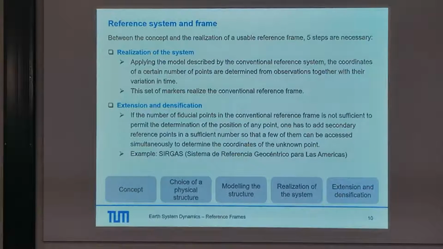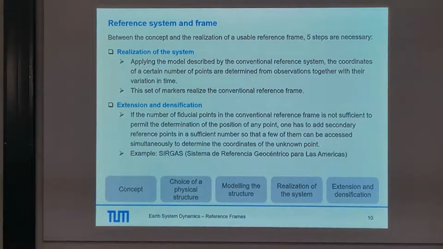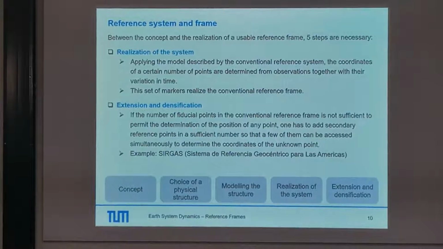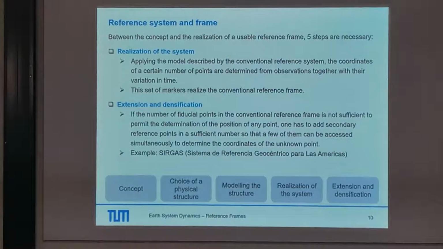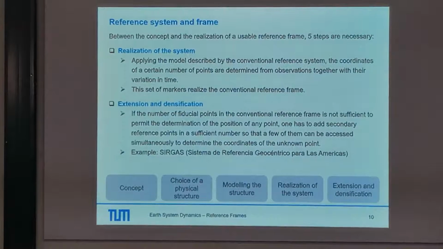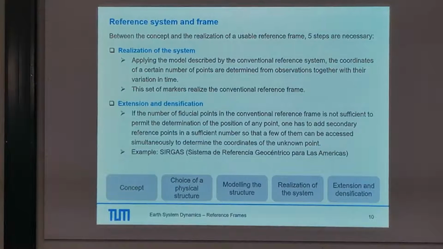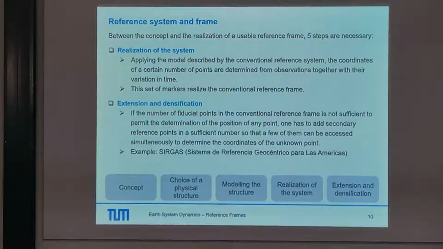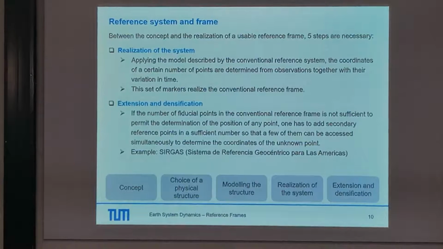And this network is then the so-called densification of the ITRF. So the regional densification of the global reference frame, in order to avoid that only some institutions have to estimate all the coordinates, because that's becoming really computationally costly to do all the computations, but we will come back to this later and provide some numbers.